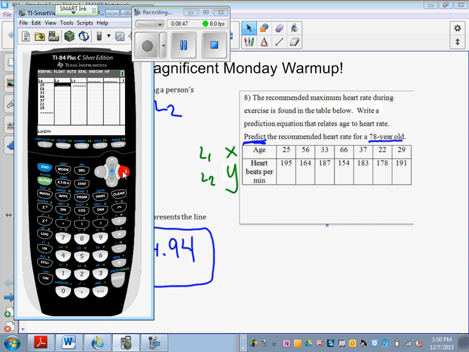And then my heartbeats per minute, 195, 164, 187, 154, 183, 178, and 191. So this is heart rate, maximum heart rate. So that's when you're actually doing physical activity. Right now, your resting heart rate is probably somewhere around 60, 70.